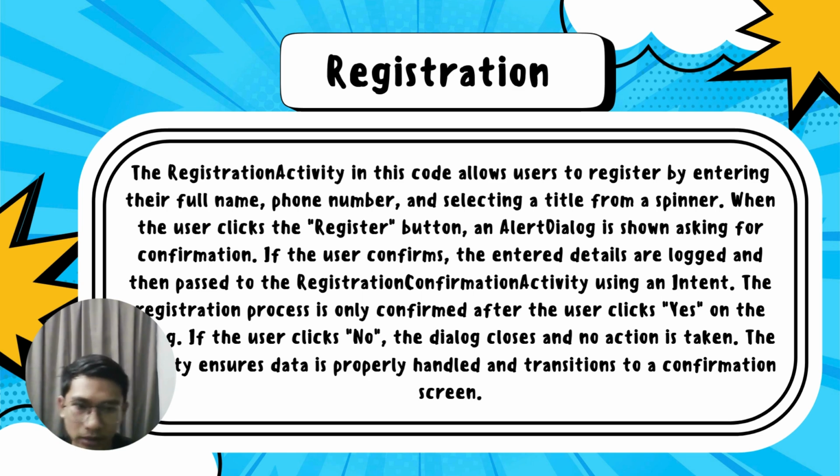If they confirm, the details will be passed to the registration confirmation activity using an intent. The registration process is only confirmed after the user clicks yes on the message. If the user clicks no, the dialog closes and no action is taken. This is to ensure the data is properly handled and passed to a confirmation screen.